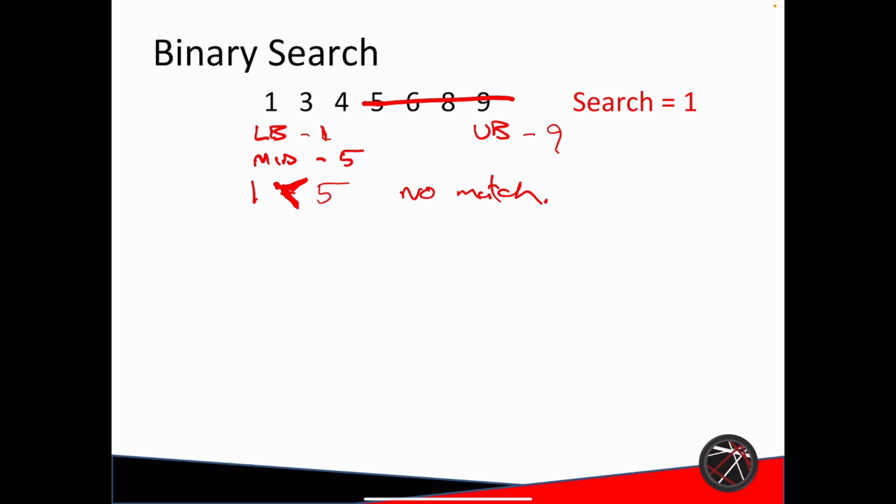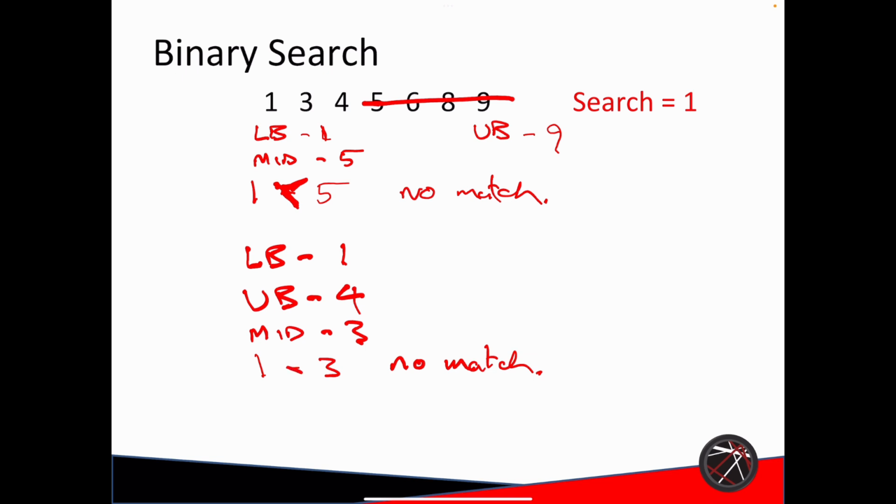We have a lower bound of 1 still. We now move the upper bound to 4. We now have a new midpoint of 3. And again, we compare 1 with 3, and again, no match.